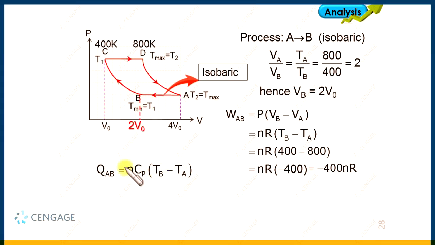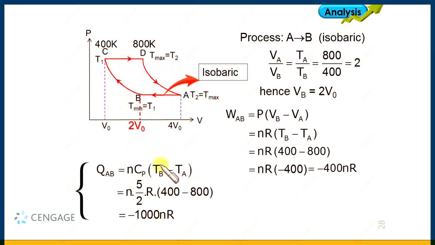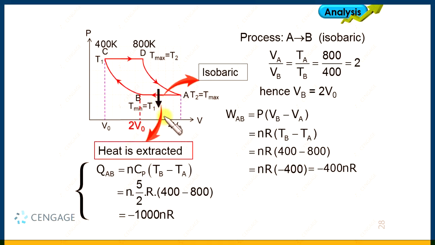That means this value is going to be negative. If this value is negative, that means heat is extracted or rejected. That means in calculating the efficiency, we need not use this value, but the W value we need to add individually.